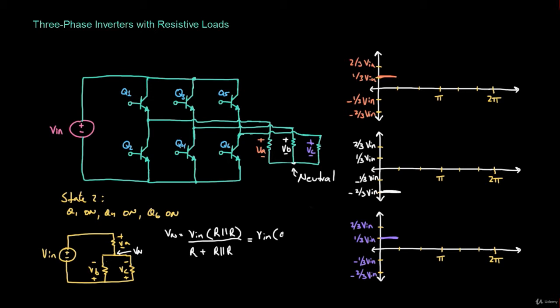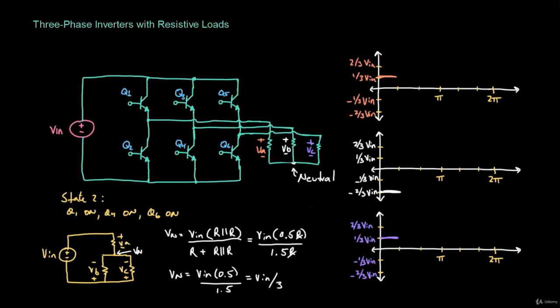So this is going to be 0.5 times R over R plus 0.5, so 1.5 R. The R's cancel out, and we get that Vn for this second step, when Q1, Q4, and Q6 are on, is going to be equal to Vn times 0.5 over 1.5, and all of this is basically Vn over 3, or 1/3 of Vn.